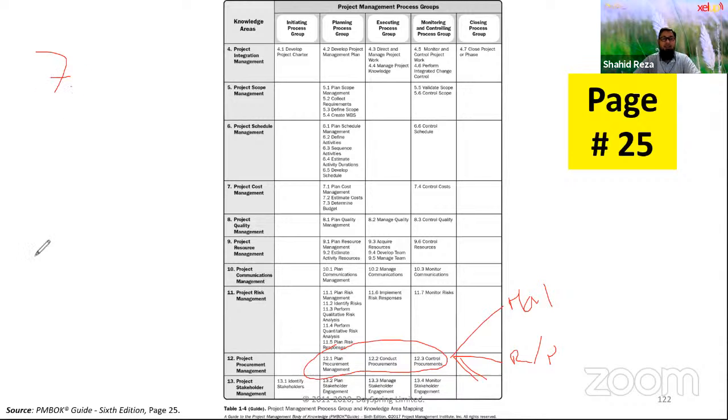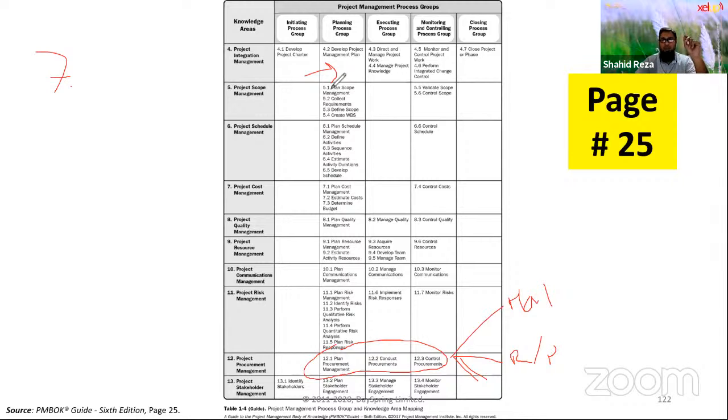Number 7 concept, let me give you a practical example. When we do a process, the output of one process, we can use that output as input for the next process. Usually it happens, right? So here also we will see every project process will have ITTO, inputs, tools and techniques, and outputs, and one output can be used as input to begin another process.